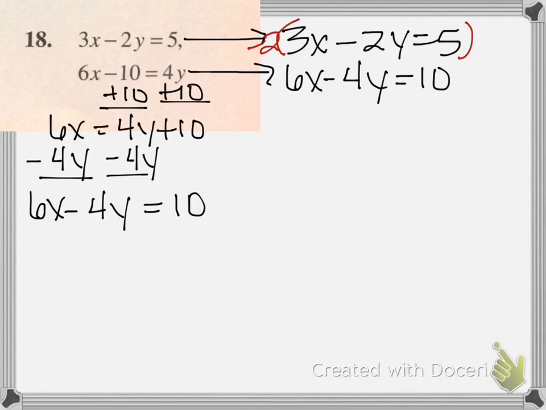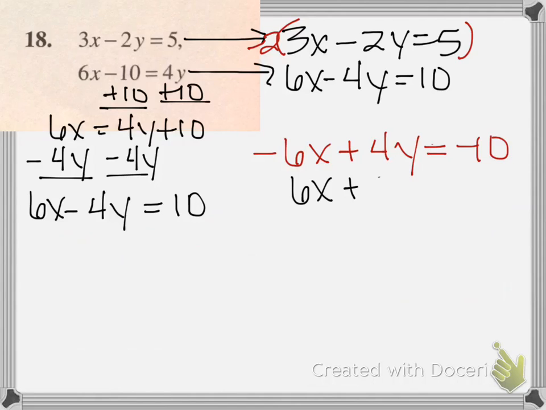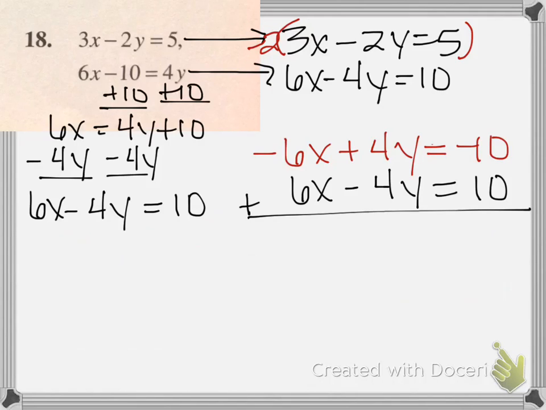That's going to give me a new equation of negative 6x plus 4y equals negative 10. Bring down my bottom equation of positive 6x minus 4y equals 10. Now I can add.